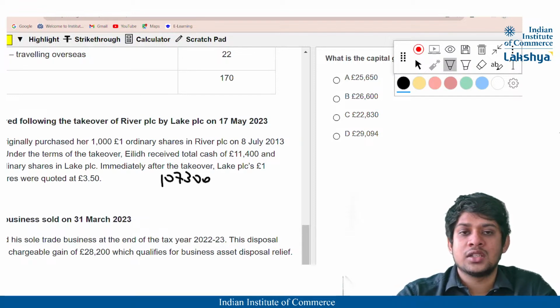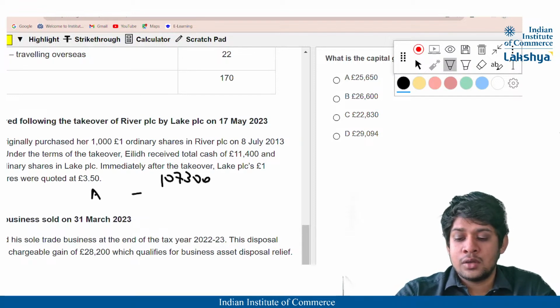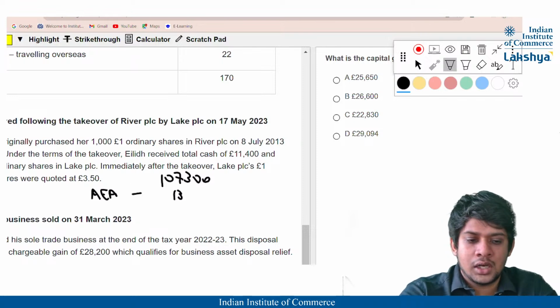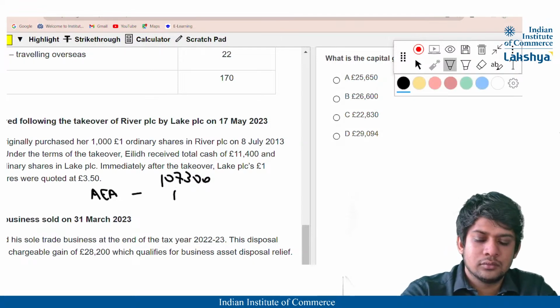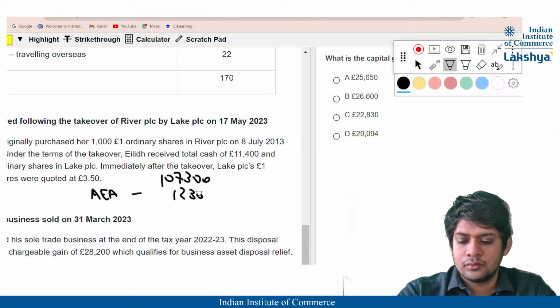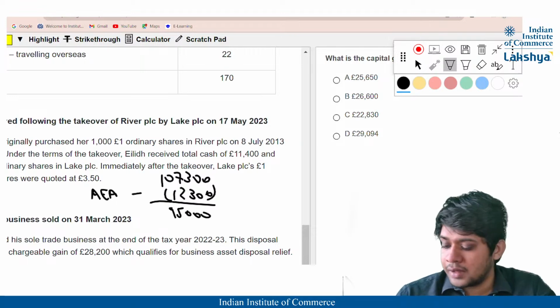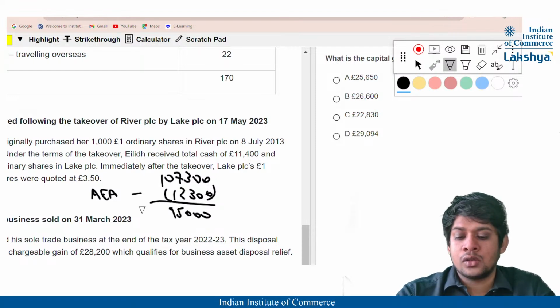1,07,300 is her chargeable gains. From that, first you will deduct the AEA, that is 12,300. That will be deducted. So the remainder 95,000, I guess it is. Wait, let me check. 1,07,300 minus 12,300. 95,000 it is.